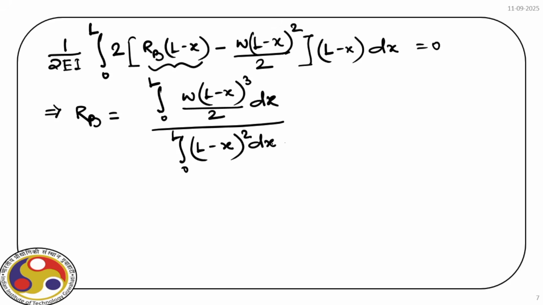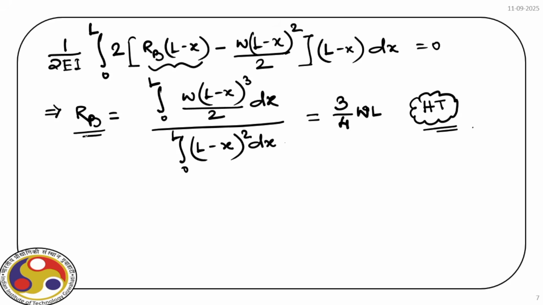Right. So if you solve this, I can leave this as an exercise. And if you solve this, you get 3 by 4 omega times L. So leave this as a home task. Please complete this exercise and you'll get the reaction.